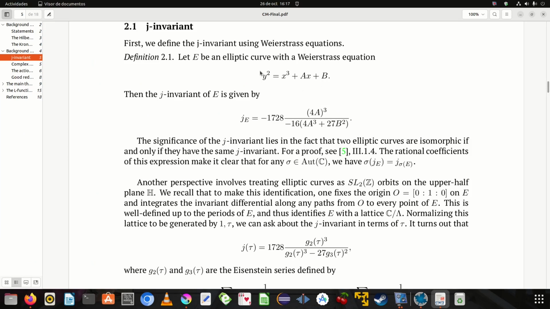Because if we use y' equals 1/2 y, like the substitution, we get a factor 4 on all coefficients. And then we take it out here, and well, so it's obviously the same formula. Right.